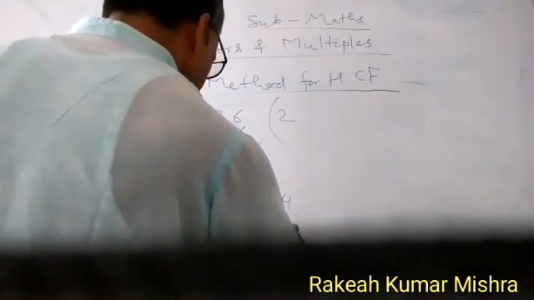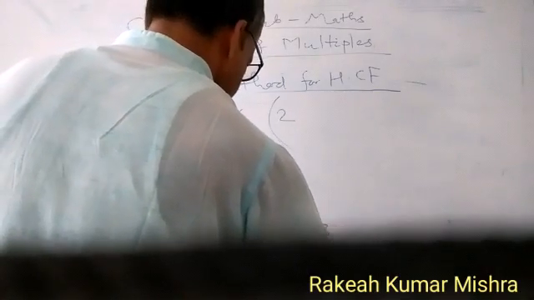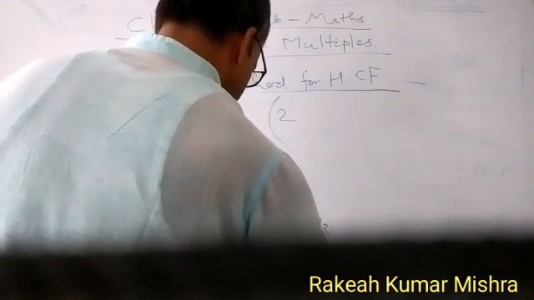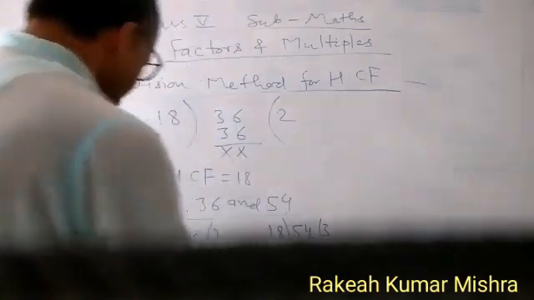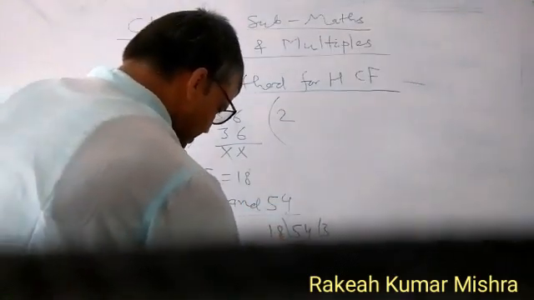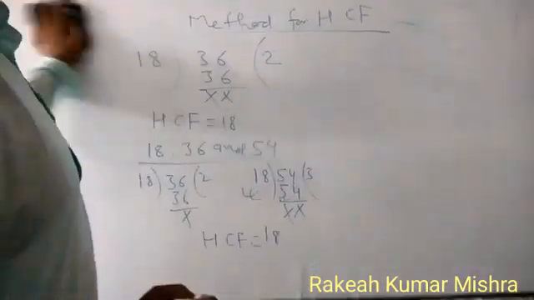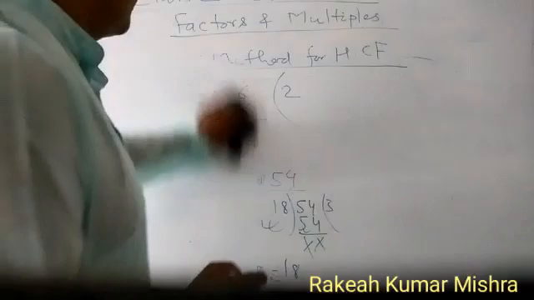So we divide 54 by 18. Finally, we will write HCF of 18, 36 and 54 is 18. This is the division method for finding HCF.